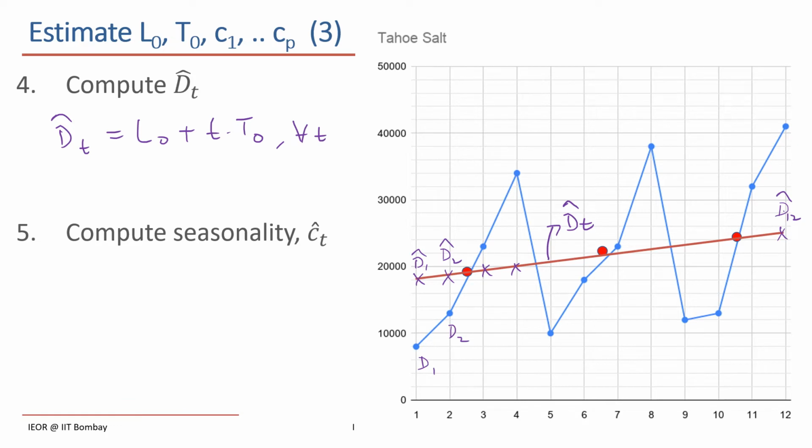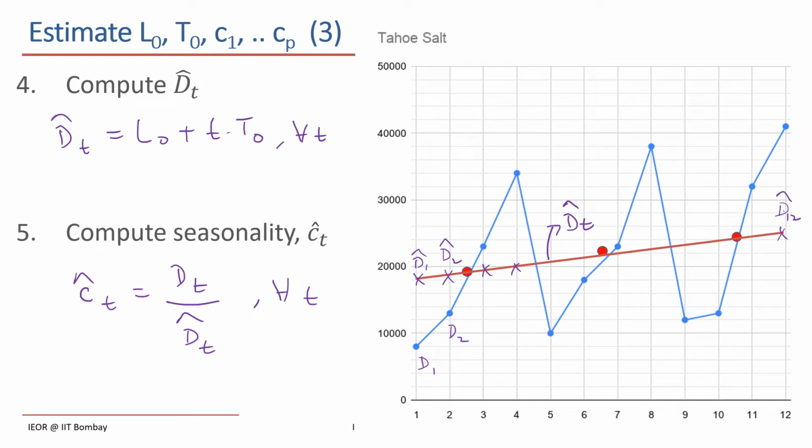I'm going to use that information to compute the seasonality component c hat of t. So c hat of t is simply given as dt divided by d hat of t. That is the ratio between the demand and how much this trend component is away from the demand. So that I compute for all values of t.